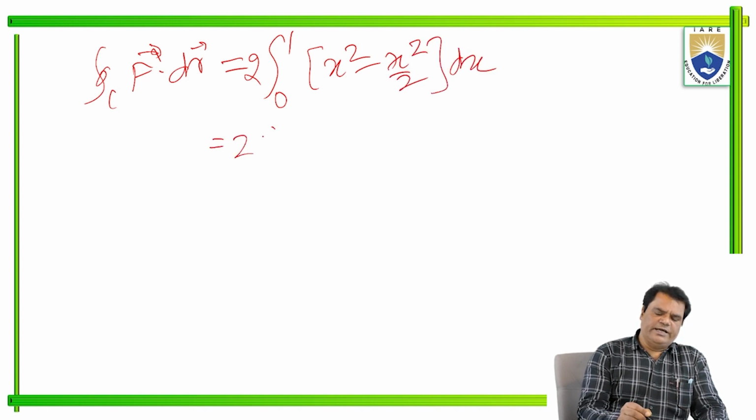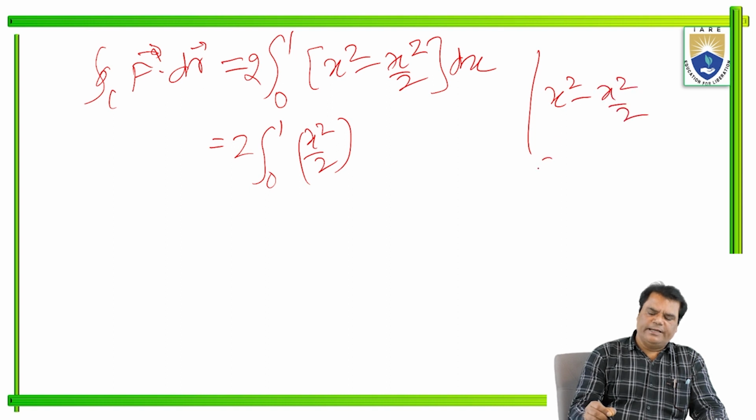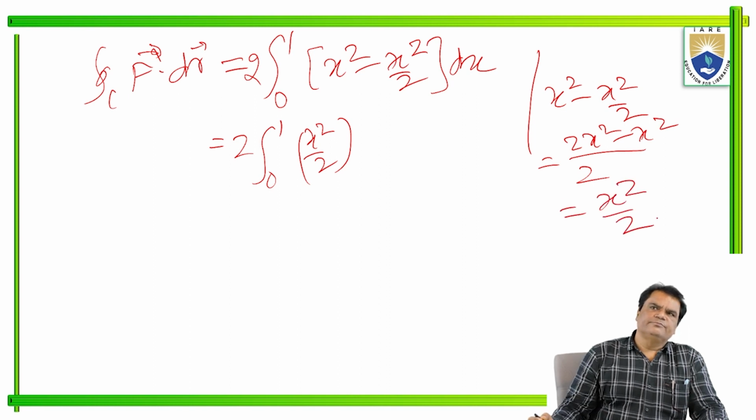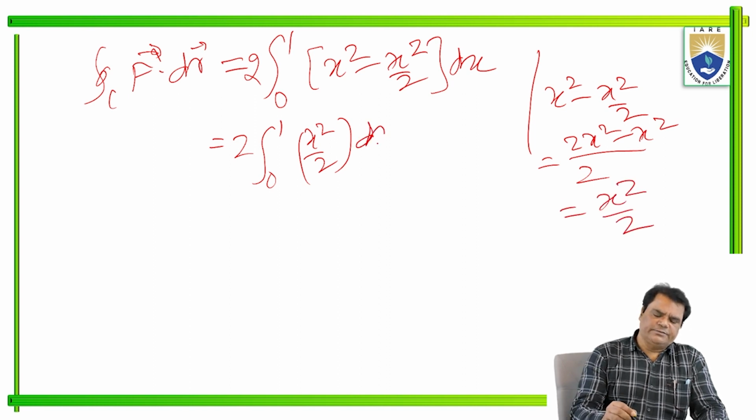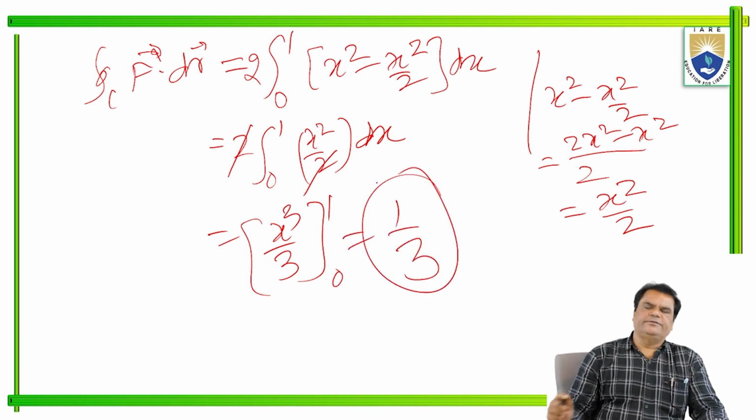So this equals twice of 0 to 1 of x square minus x square by 2. Taking LCM 2, 2x square minus x square, so this is x square by 2, dx. So 2 is cancelled here. Integration is x cube by 3. Now putting the limit, we get 1 by 3.